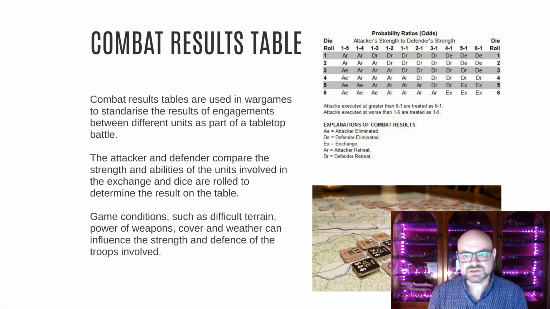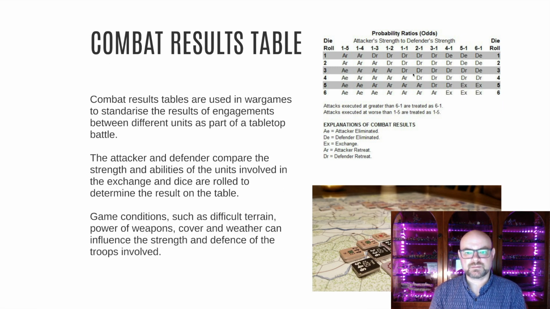So a combat results table is used in a war game to standardize the results of engagements between different units. There is an attacker and a defender. The attacker rolls a dice and the defender rolls a dice. You then compare the strength and abilities of the units on the table, and the dice that are rolled determine the result. So this is an important part of the simulation.